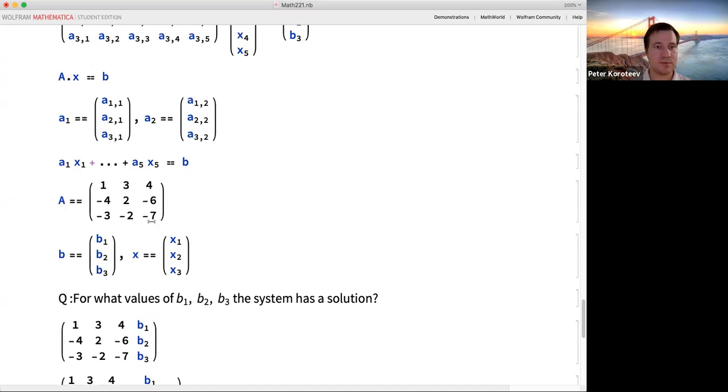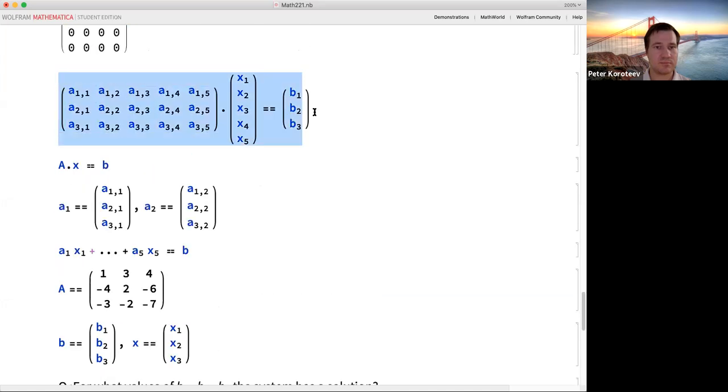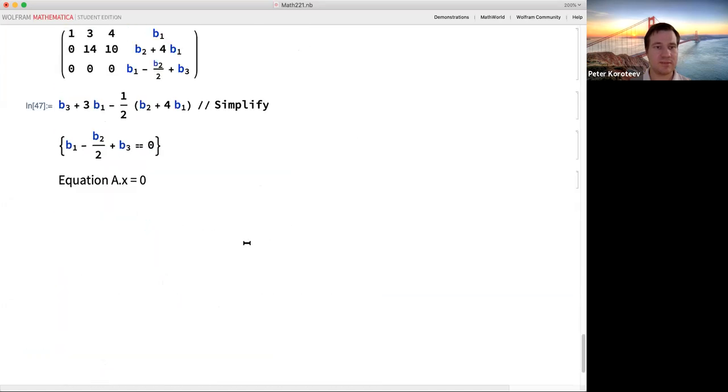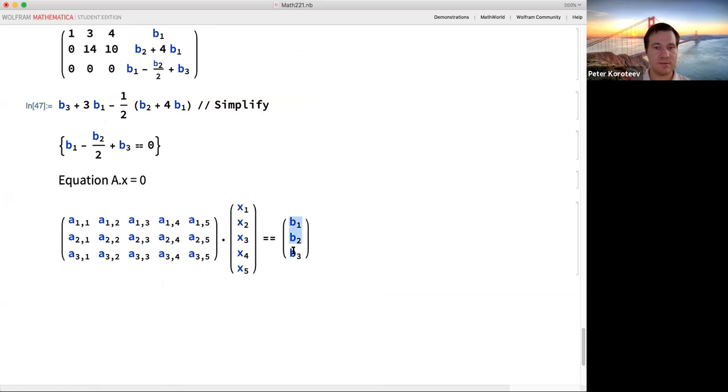So for example, the solution of this equation, where here we have 0, 0, and 0. Now, we're asking ourselves, when does this equation have a non-trivial solution?